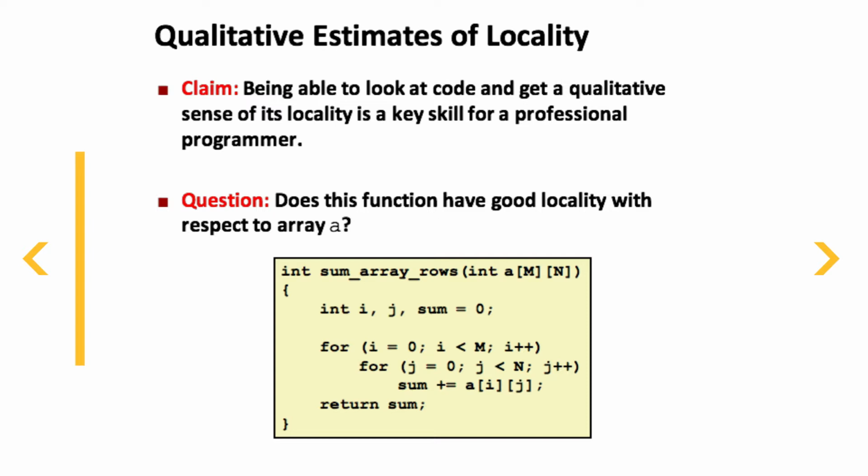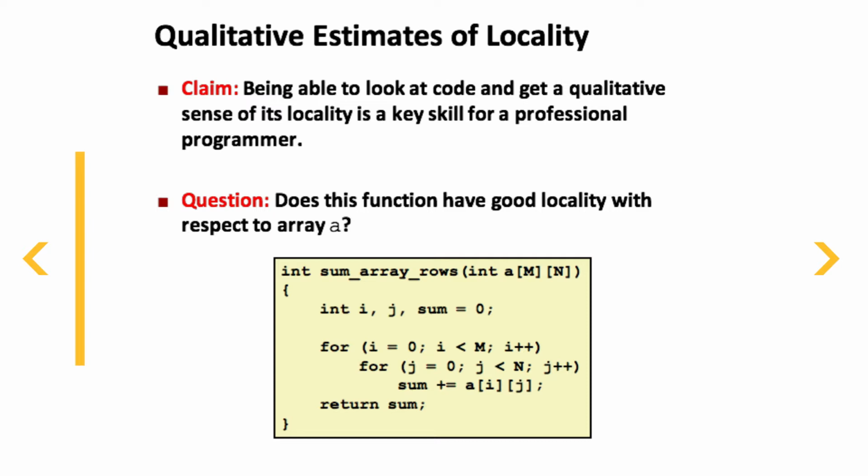We're not skipping around like crazy, right? We're not going to the 0 element for the first row and then jumping all the way to the 0 element of the next row and then the row after that and then going all the way back. We'd have to do a lot of skipping around if we didn't do it this way. So this one, assuming row major order, does in fact have good locality with respect to array A.